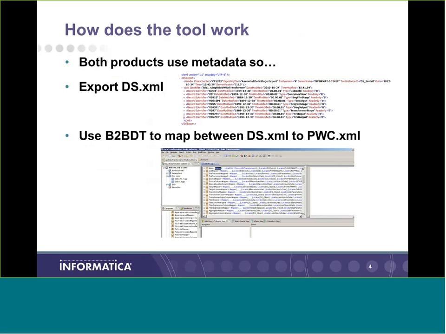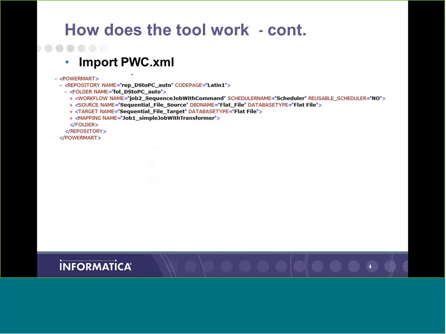Then using the B2B DT tool or product, we are mapping between the DataStage XML and the PowerCenter XML. Then the last step would be to import the PowerCenter XML into the PowerCenter repository, and by that we moved the objects from the DataStage world to the Informatica environment.